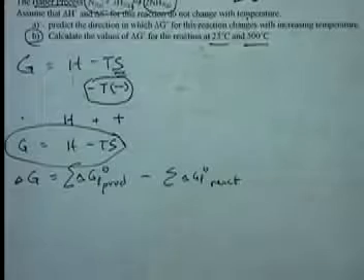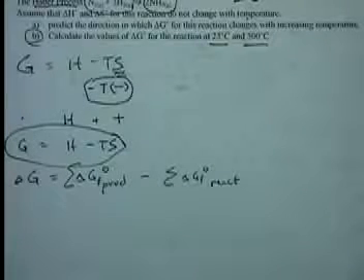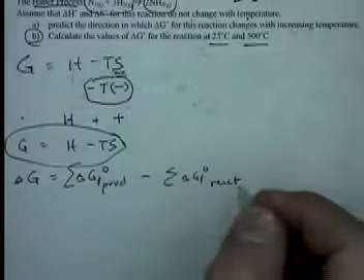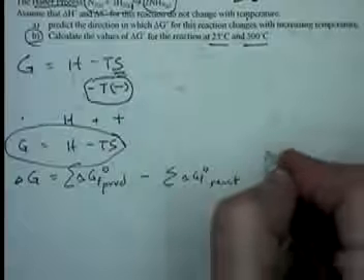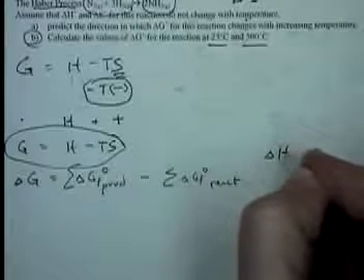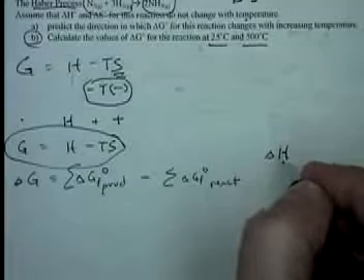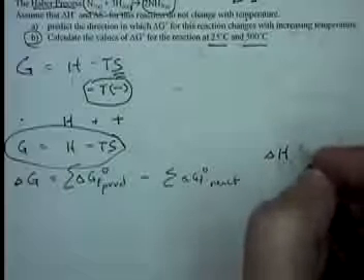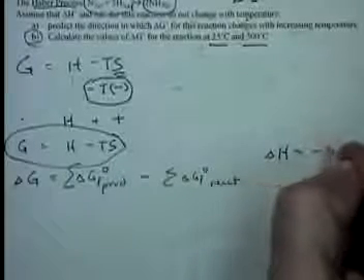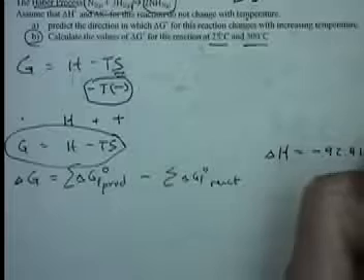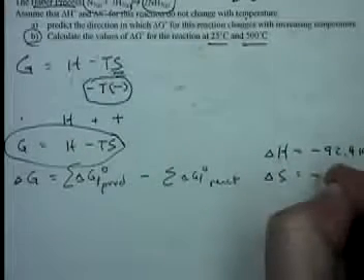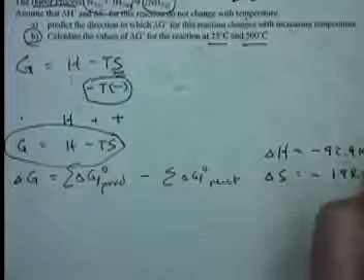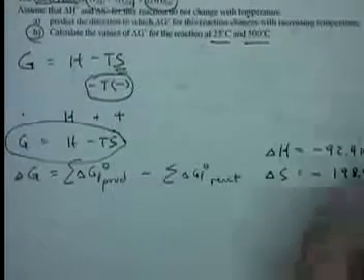And if we do those for 2 different temperatures, we calculated earlier that delta H for this reaction is negative 92.4 kilojoules, and delta S for this reaction was negative 198.4, and that's joules per Kelvin.